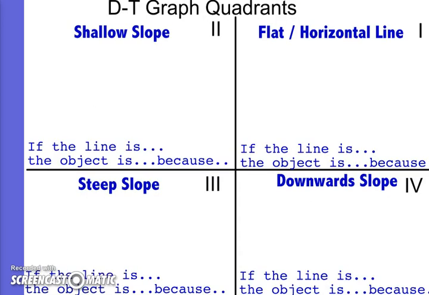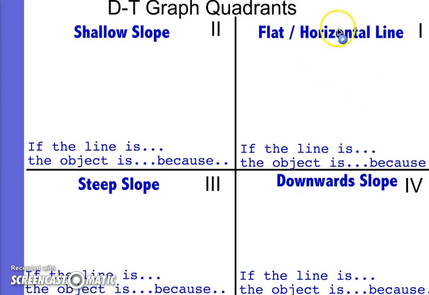So what we're going to do today is you're going to set up your OP page that you're working on to make some quadrants to show me that you understand what the different kinds of lines on a distance time graph mean. So we're going to set this up first, and then I'm going to show you a series of videos so that you can go back and complete this page to show me you understand.